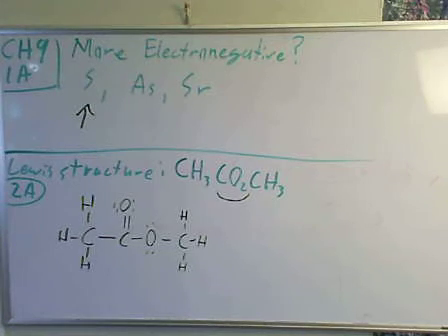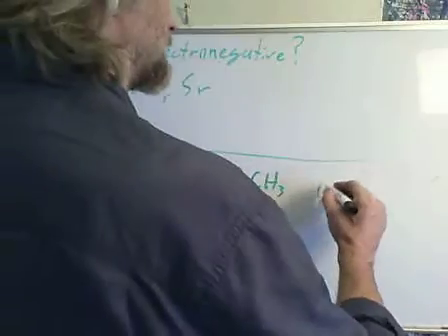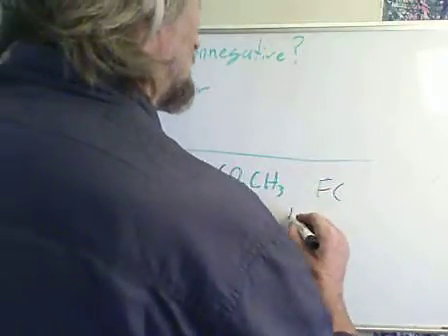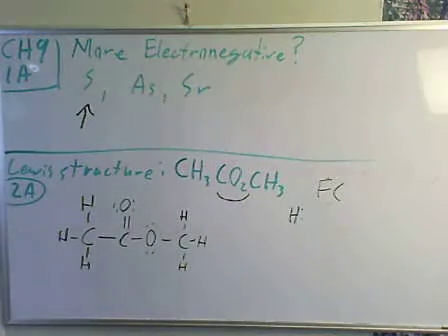If we look at formal charges, the hydrogens: formal charge is valence electrons minus assigned electrons.